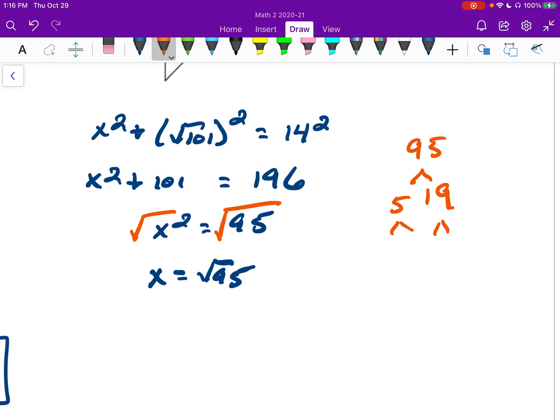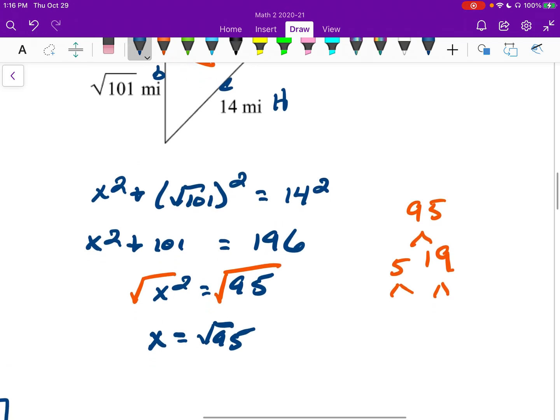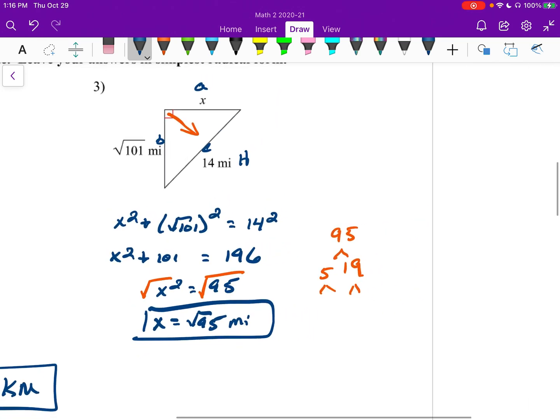So we're just stuck. And that's as far as we can go with our answer. So we just put miles and we circle our answer. And we're done. So notice that not always are we able to split up a root, right? Sometimes it's already in simplest radical form.